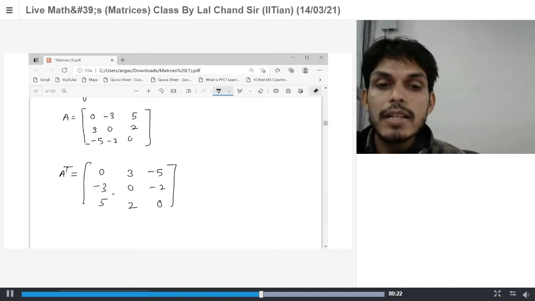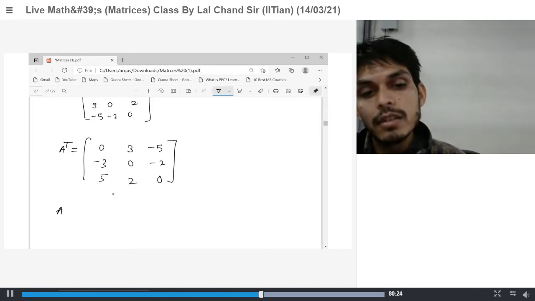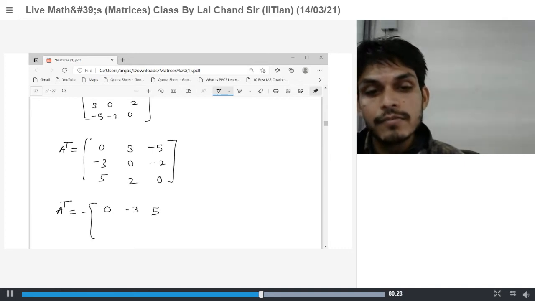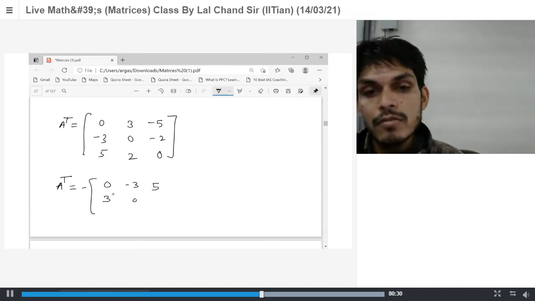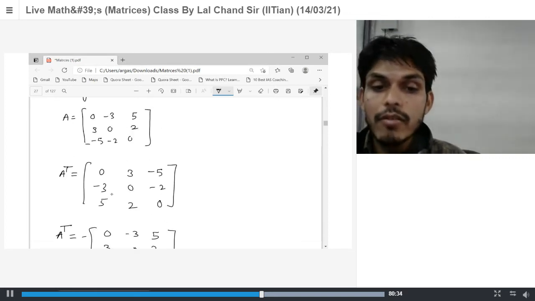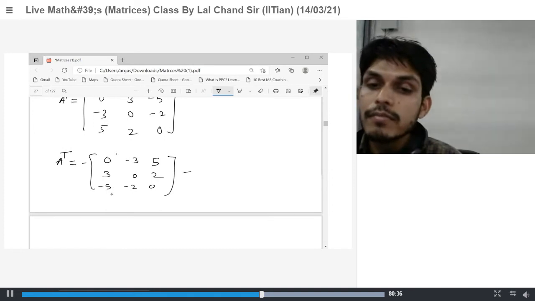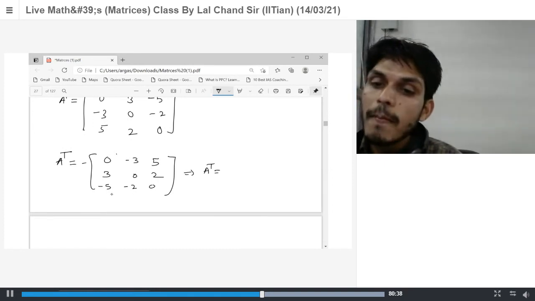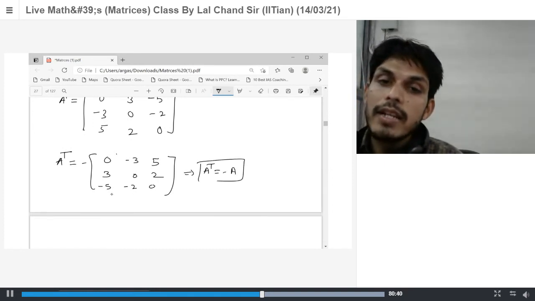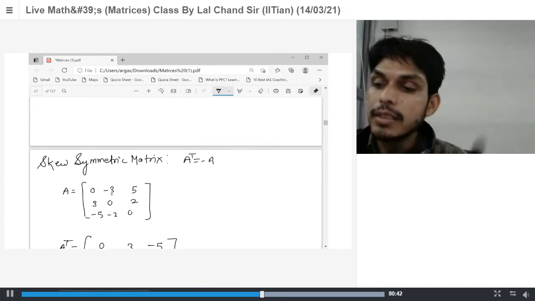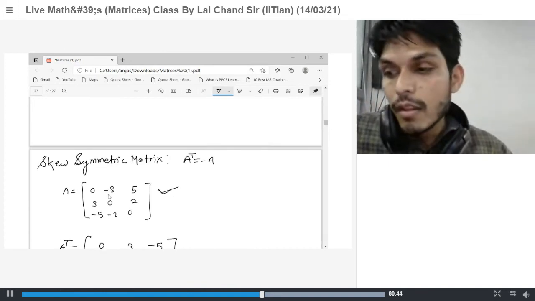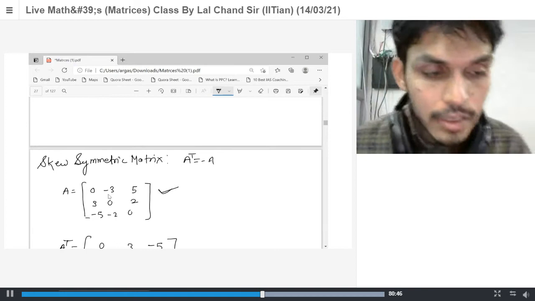If I take the minus sign common, I have 0, minus 3 plus 5, 3, 0, 2. So this is equal to minus A. So we can say this is an example of a skew symmetric matrix, isn't it? Is this clear to you?